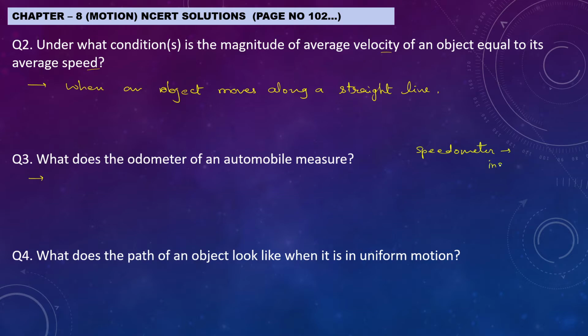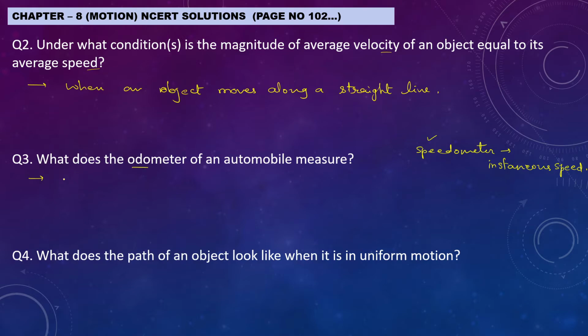You can see the video for this instantaneous word more clearly. Instantaneous speed means at what speed you are moving at that particular time. This will show in the speedometer, right?